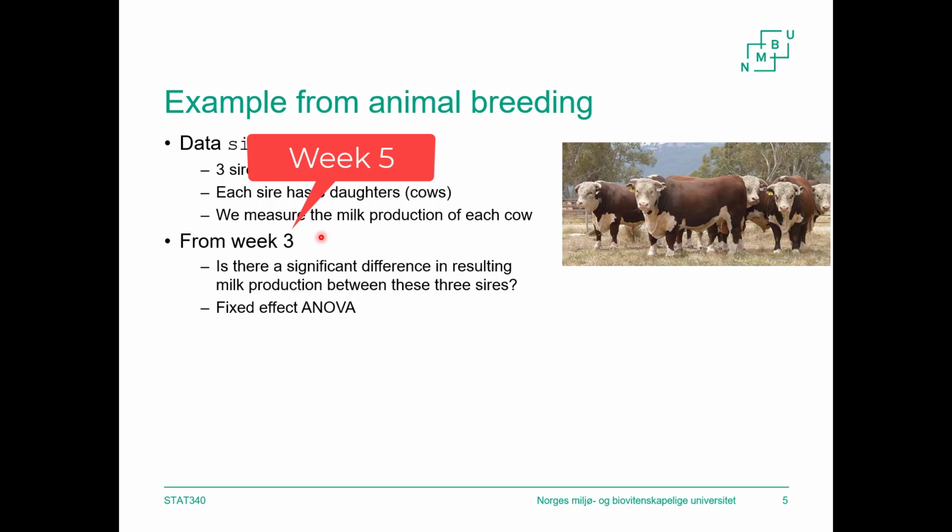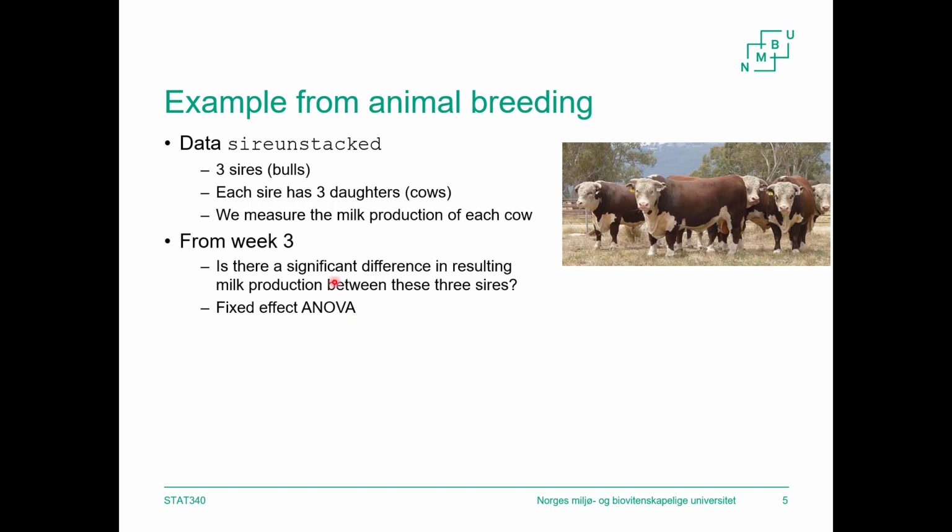From week 3, where we talked about ANOVA models, we could easily deal with this data set and ask, is there a significant difference in milk production between these 3 sires? And in order to answer that, we would fit a fixed effect ANOVA model, straightforward. We will actually do that in a moment.